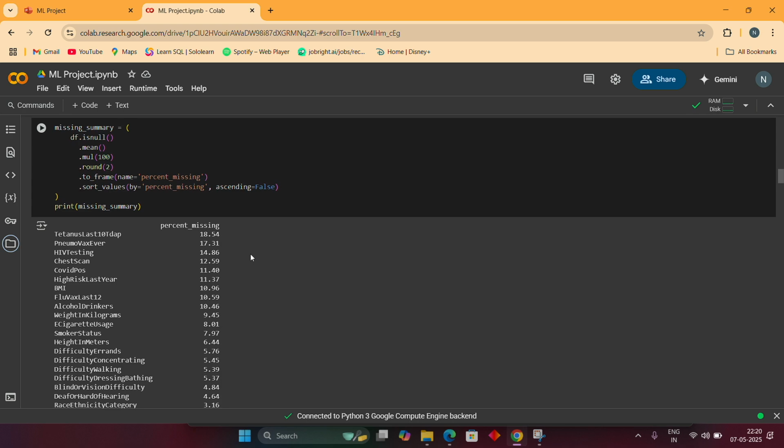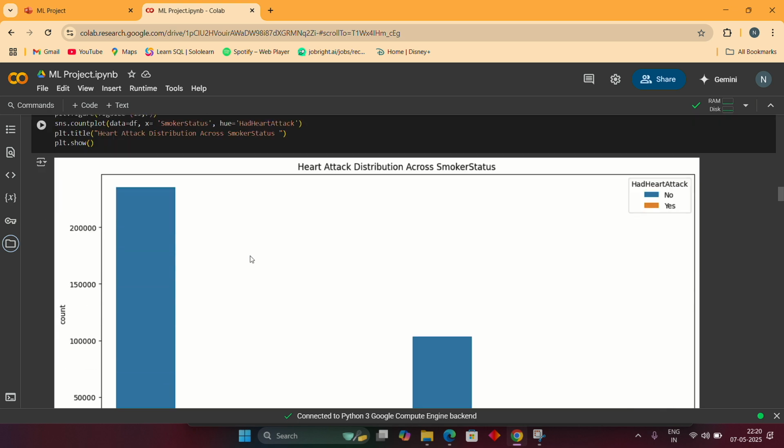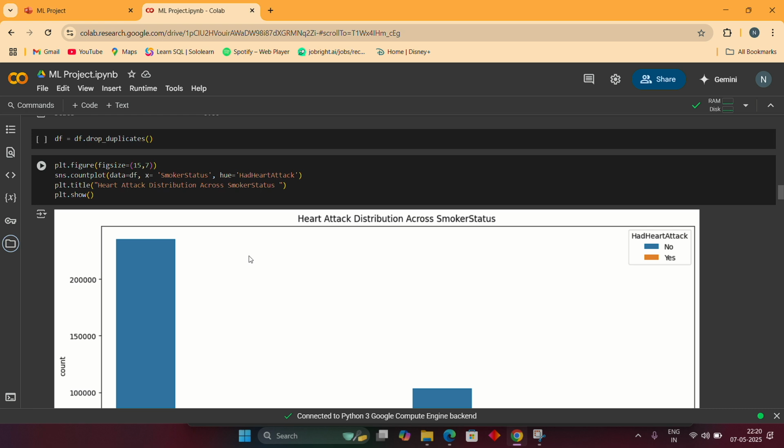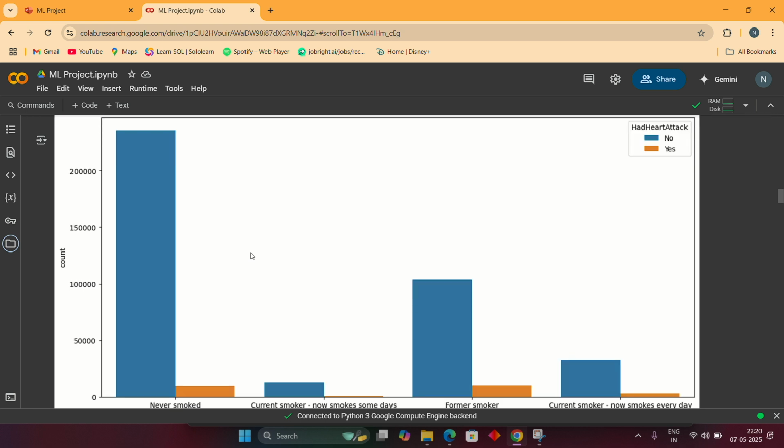Moving on next to exploratory data analysis, we made different charts plotting relationships across different attributes of the dataset. The first is heart attack distribution across smoker status. Among everyday smokers, about 8.3% reported having a heart attack.